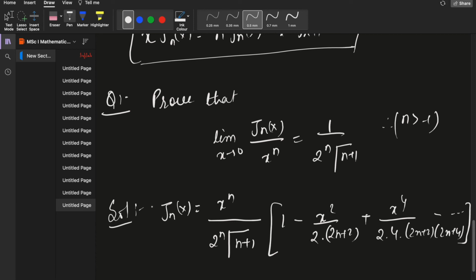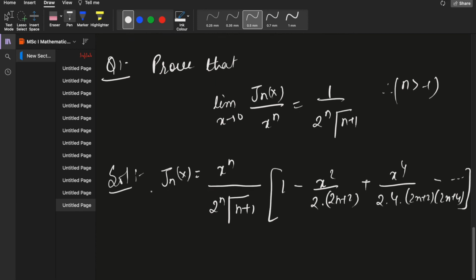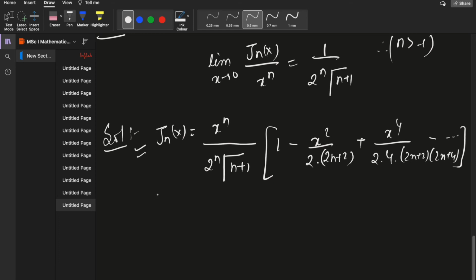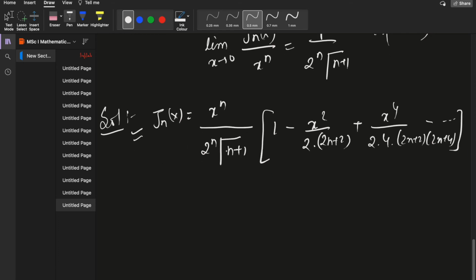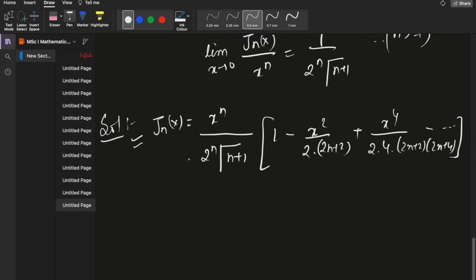I had taken the direct result because when we solved the differential equation solution for Bessel function, we already derived this relation. So if you have any problem in this relation, please do check our differential equation of Bessel function lecture.